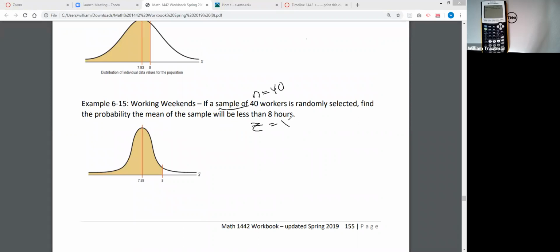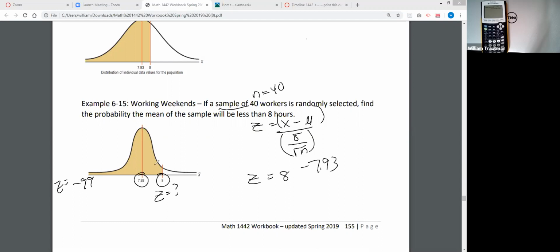So we use z equals x minus the average over the standard deviation divided by the square root of n.